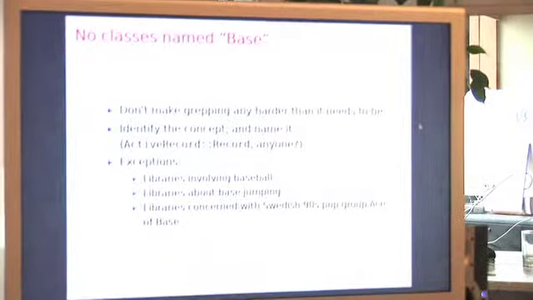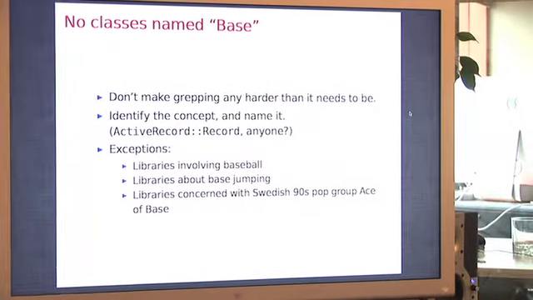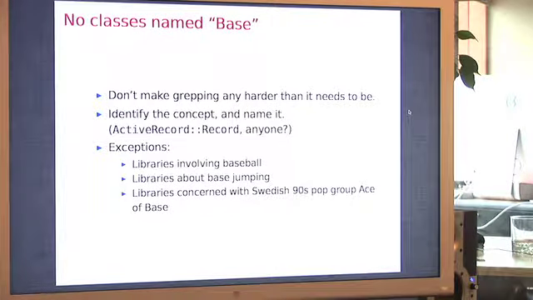Let's stop naming classes Base. It doesn't tell you anything. And it usually indicates that there's a concept that hasn't been sufficiently teased out, or identified, and it makes grepping through the code base a pain because you find all kinds of things that are named the same way.